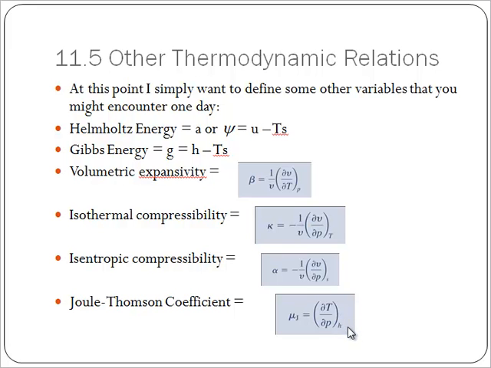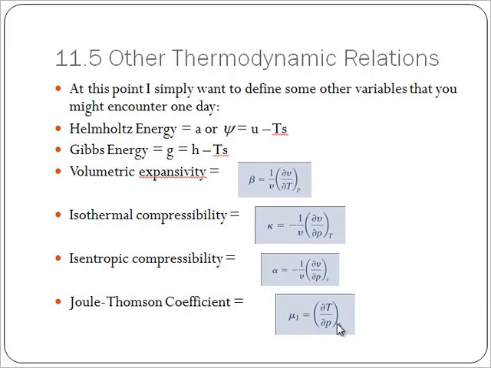One last one that's very useful is the Joule-Thomson coefficient. This is very handy when you are talking about expansion valves, such as we used in a refrigerator. These are those devices that allow me to drop the pressure with a very simple piece of equipment.